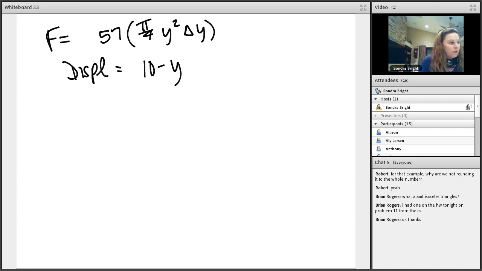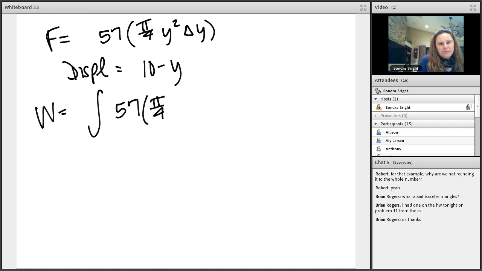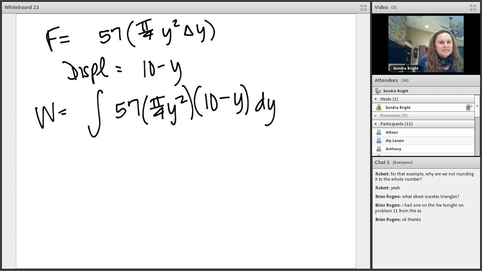Your work is going to be this force times this displacement. So your work is going to be the integral of the 57 times the pi over 4 y squared, that's going to be a dy, I'm going to leave it till the end, times 10 minus y, and then dy, like that.